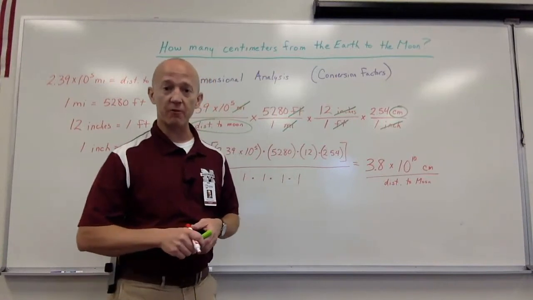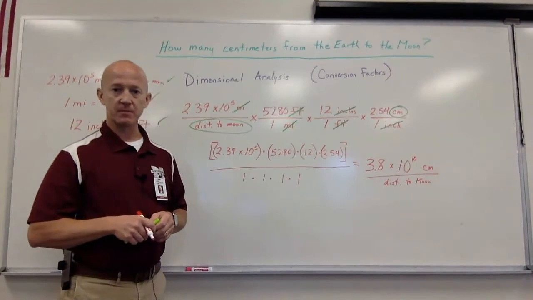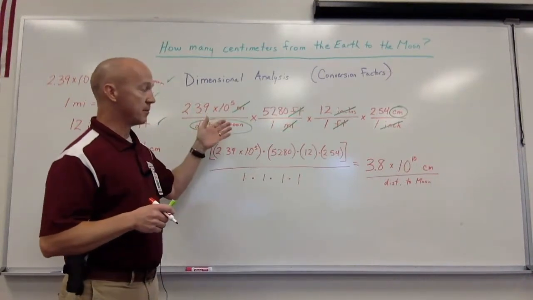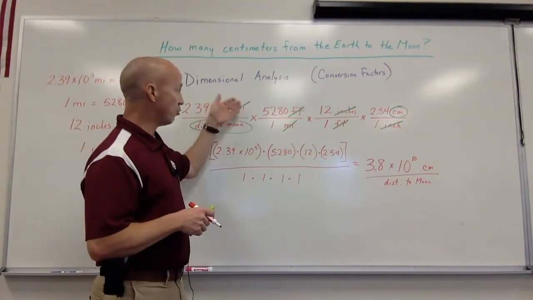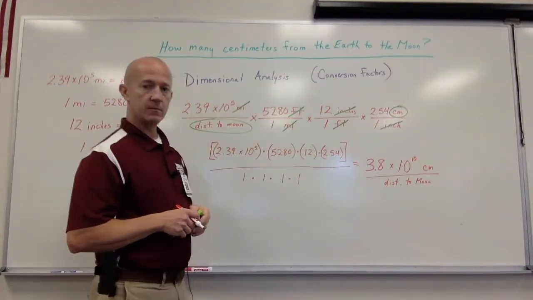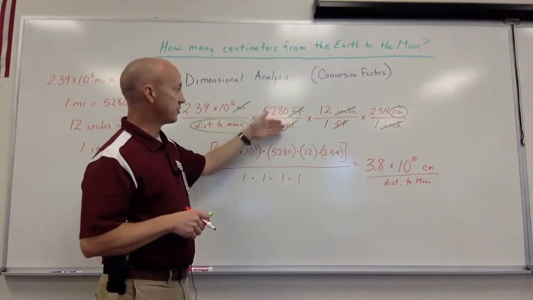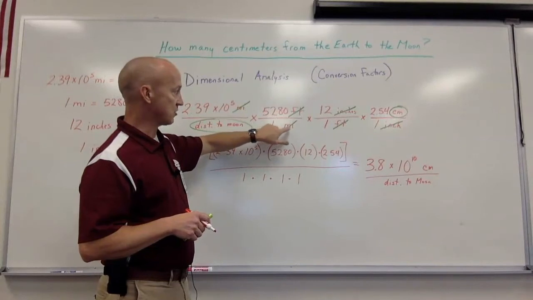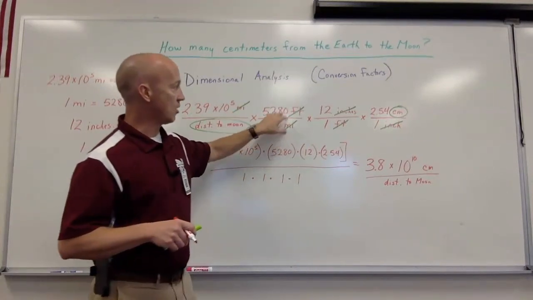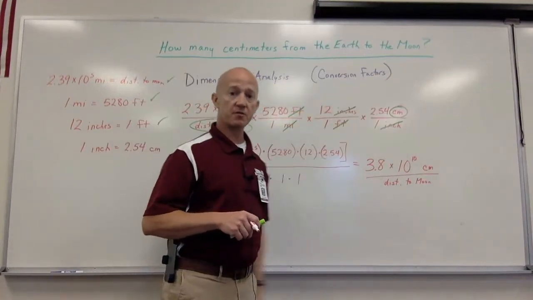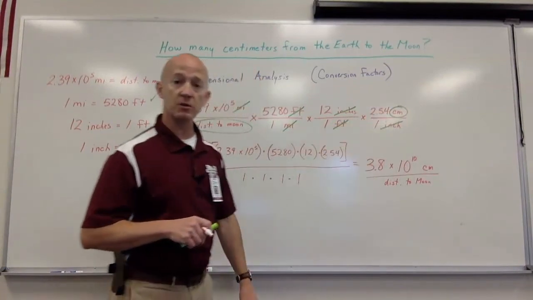That's how many centimeters there are from the Earth to the moon. And that is how we use dimensional analysis. This method in which we solve the problem by arranging the units in such a way so that we convert from one unit to another. We started in this case with miles to the distance to the moon. Our first conversion factor involved arranging it so that miles were on bottom so it would cancel, and the same goes with the subsequent conversion factors, canceling each time until we got the unit that we wanted.